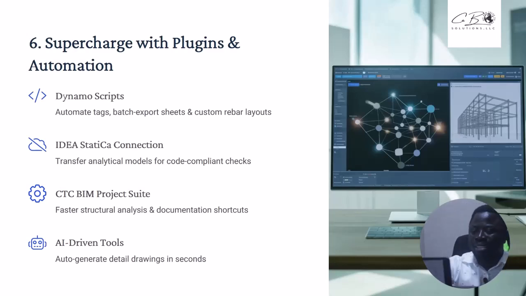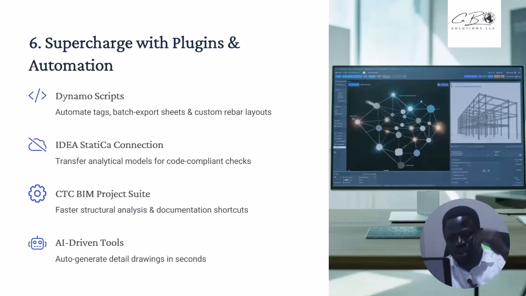For example, I can select all my footings or all my columns in the ground floor and then open one of the automation tools and do my settings, and then it will automatically detail all of them. That's why I said if your mastery level is probably at advanced, and you know how to set templates, and you have some of these plugins, you even model faster, detail faster, and that's actually what we want.